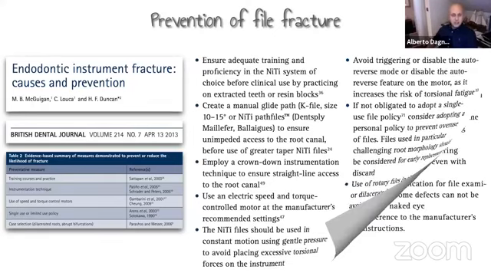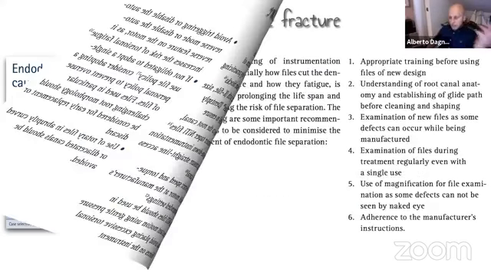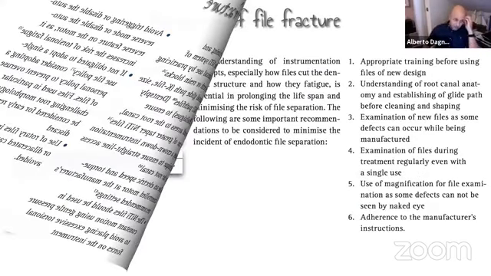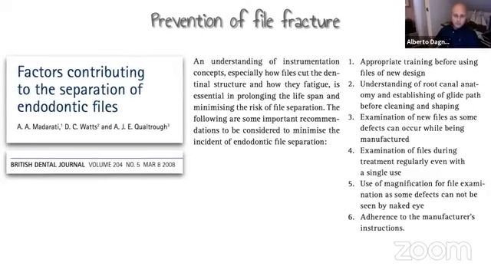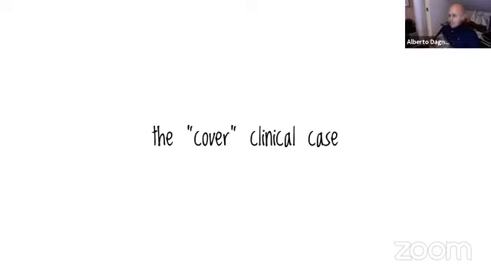We can find many articles by authors like this one, a friend of mine, in which you can find some advice on how to prevent file separation. But file separation happens. We can break some files inside the root canal, or we have to retreat some teeth with previously broken files inside the root canal.